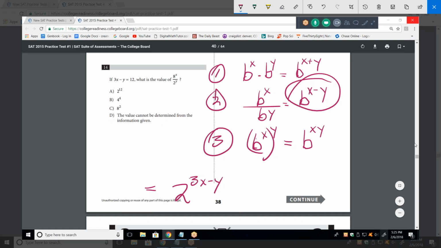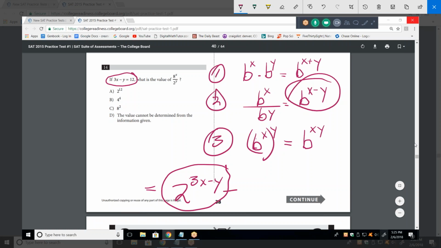Now let's go back and look at why they gave us that, because this doesn't do much good. I don't see any answers that give that, right? What does it say 3x minus y is? The first time I noticed this. What I have circled there: what is 3x minus y equal to? 12.